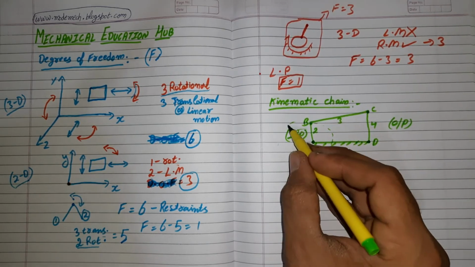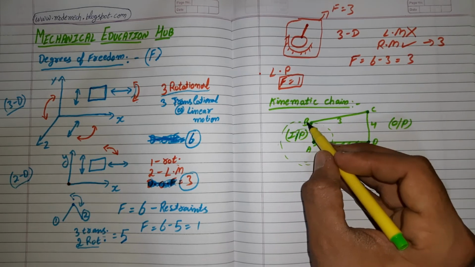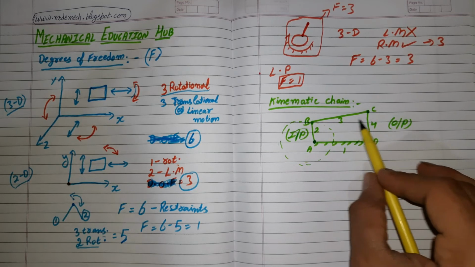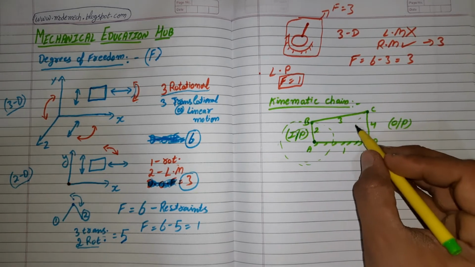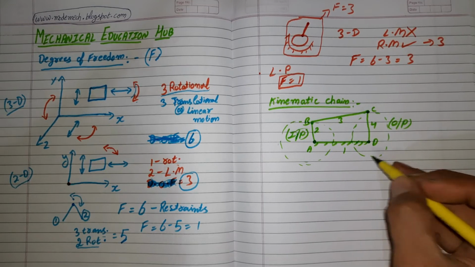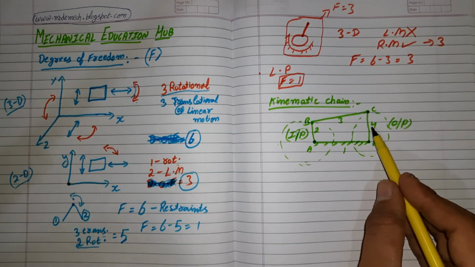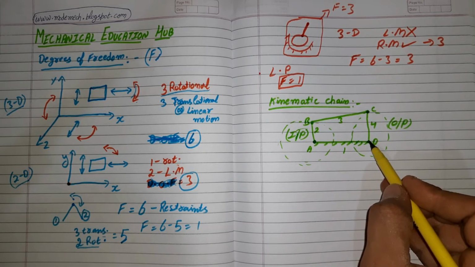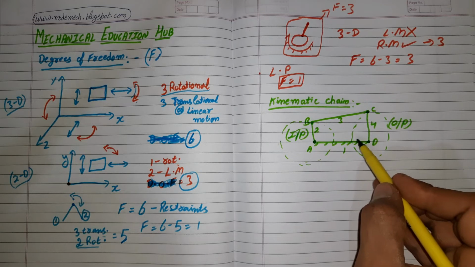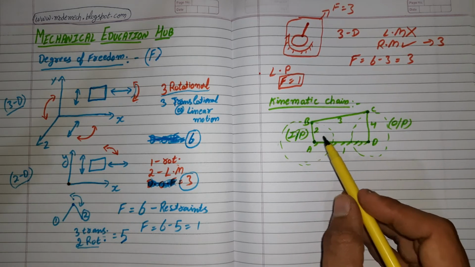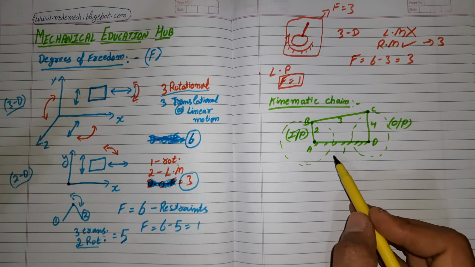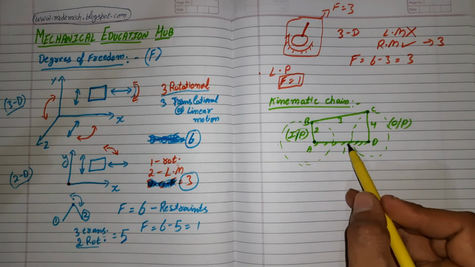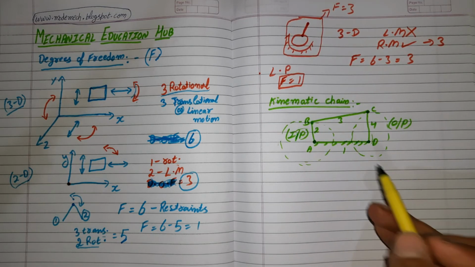Then link 3 will act as a coupling link or connecting link, and output is transmitted to link 4 from link 3, and we'll get rotation here also at our output at link 4. So this is the good example of kinematic chain. We have constrained motion here, and our first link is connected to the last link in such a way that it forms a closed chain.